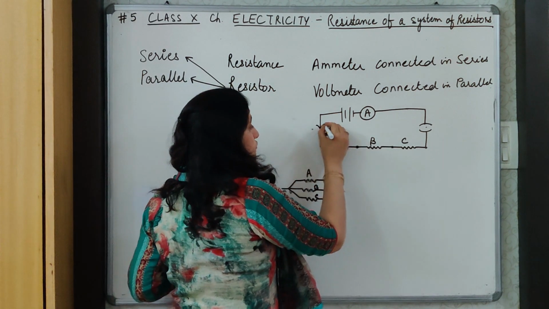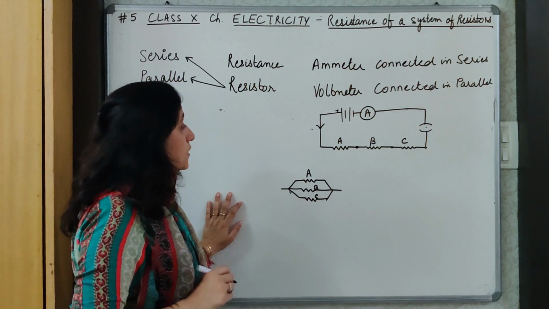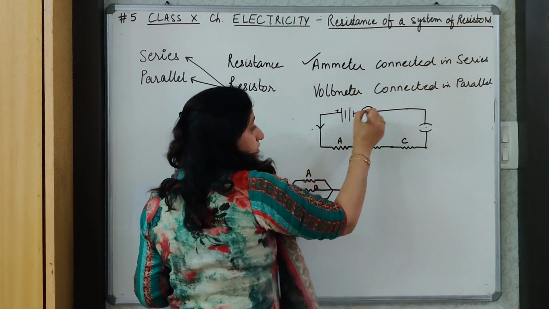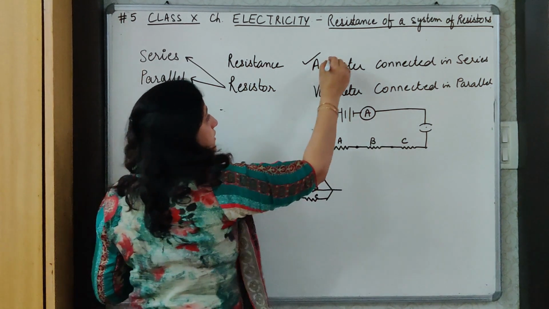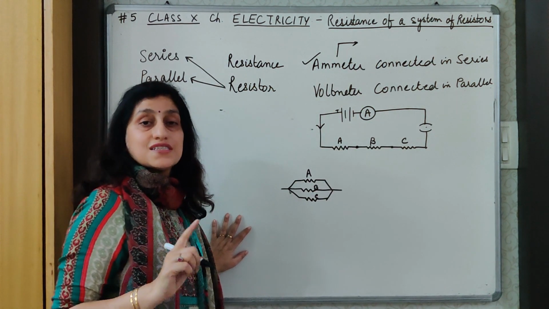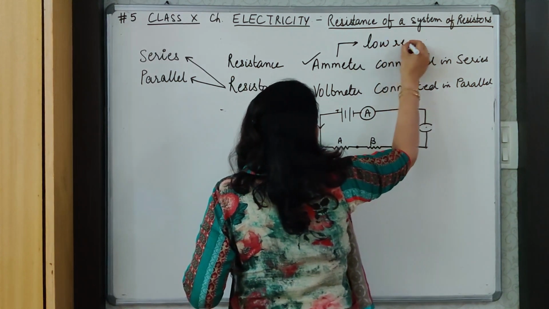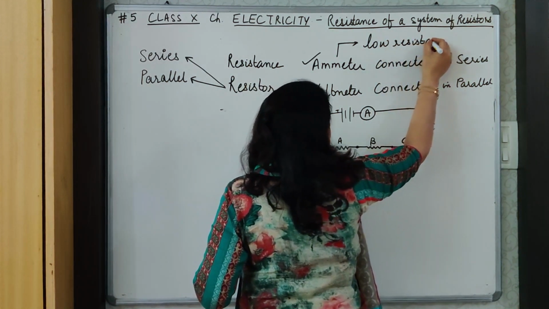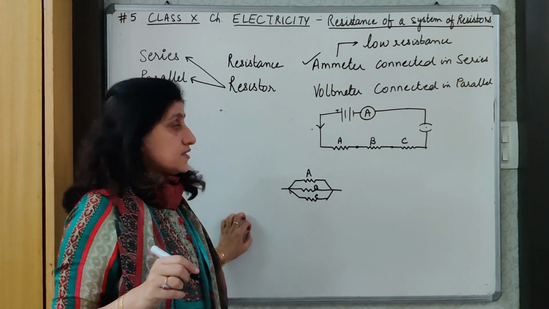This is the direction of flow of current, always from the positive terminal. Okay. Now we have said an ammeter is connected in series. Now children, you should know and remember now that an ammeter is a very low resistance device. An ammeter has very low resistance so that it can offer an easy flow to the current.